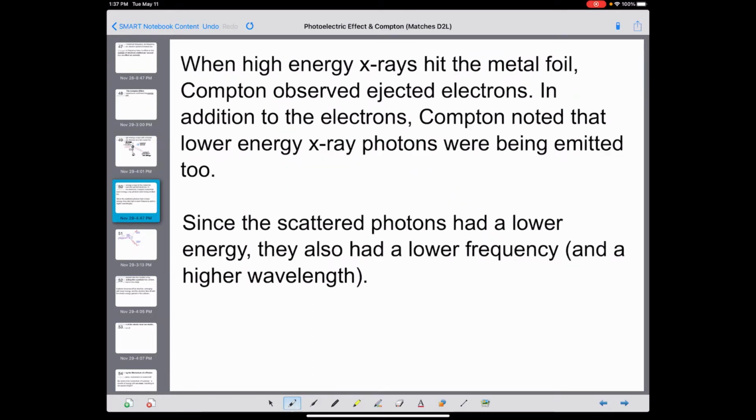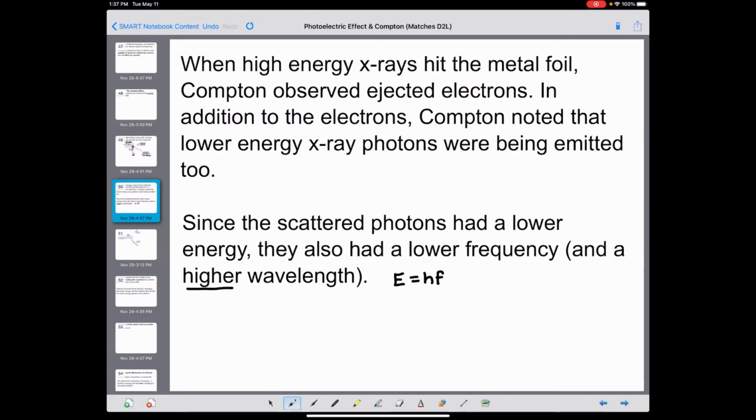Now, since the scattered photons had a lower energy, I should say, they also have a lower frequency. And that's because energy is equal to hf for a photon, right? So if energy is high, frequency is also high. But at the same time, they have a higher wavelength, and that's because remember that wavelength and frequency are opposites.